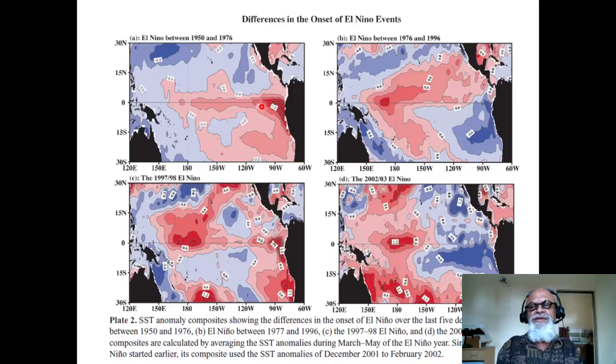And boom, 82, 83 came and it evolved quite differently, and we learned very quickly that El Niños evolve very differently. So between 1976 and 96, they seem to have evolved this way, where you had this extratropical connection, which some of you may know as the Pacific meridional mode. So there is a seasonal footprinting mechanism, where extratropical SST anomalies induce tropical responses in terms of winds, and they persist across seasons.